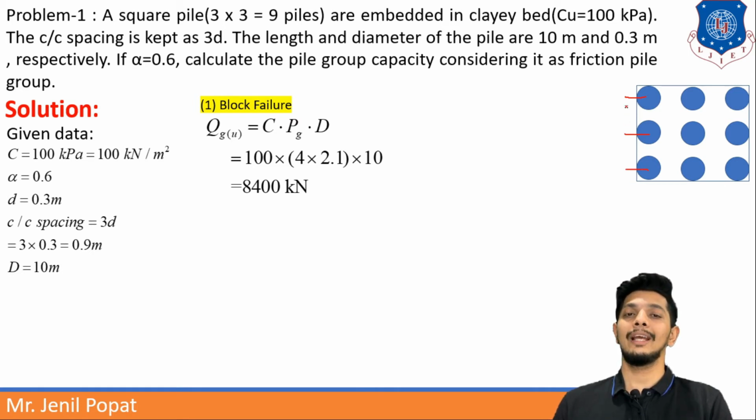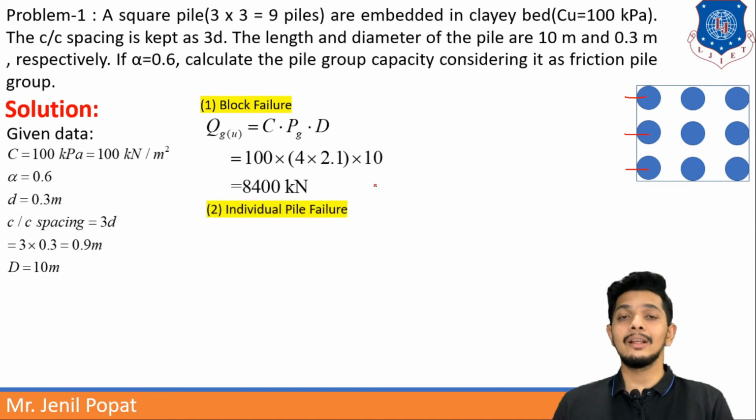So 0.9 plus 0.9 will be 1.8 meter, and the remaining length is 2 times the half diameter, so 1 diameter. So 1.8 plus 0.3, that will be 2.1. So this is the total length of one side, 2.1, and four sides are there, so I have to multiply 4 into 2.1. That is how QG will come out as 8400 kilonewton.